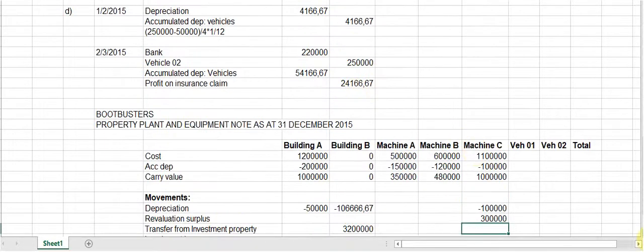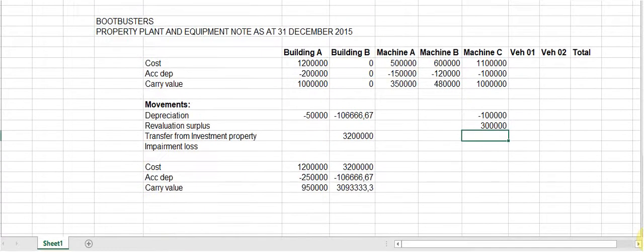300,000 Rand. Because we've now revaluated this asset, the cost price will be the value at which it was fair valued. So that would be 1.2 million. So it is the fair value.